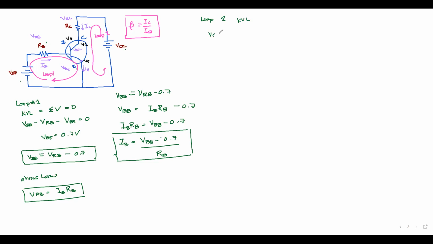So VCC minus VRC minus VCE, that is the voltage between your collector and your emitter. It will go from here to here, so the current goes downward. So VCC minus VRC minus VCE is equal to 0.